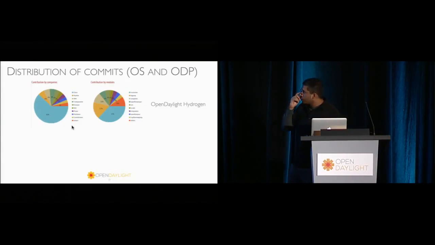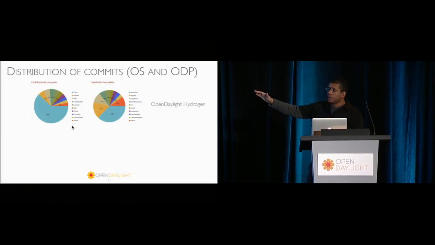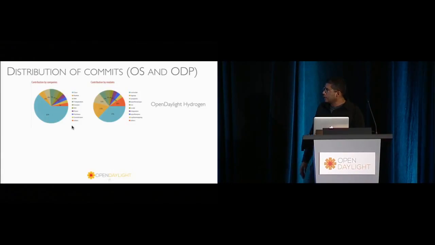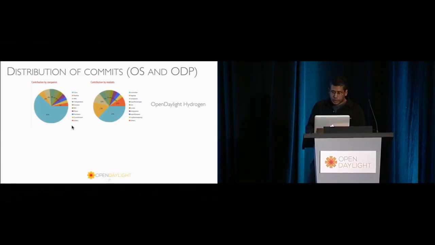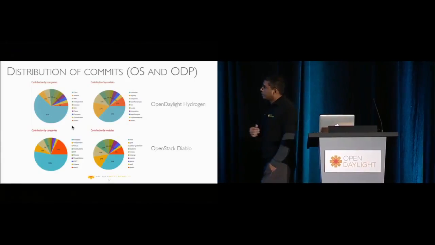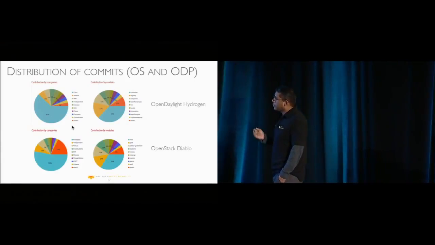The other thing that's interesting to compare is where we ended up after the first release of OpenDaylight. This is the rough distribution of companies and modules to the overall project. And it's interesting to look at how OpenDaylight stacks up to something like OpenStack. This is the distribution for OpenStack after their first release.